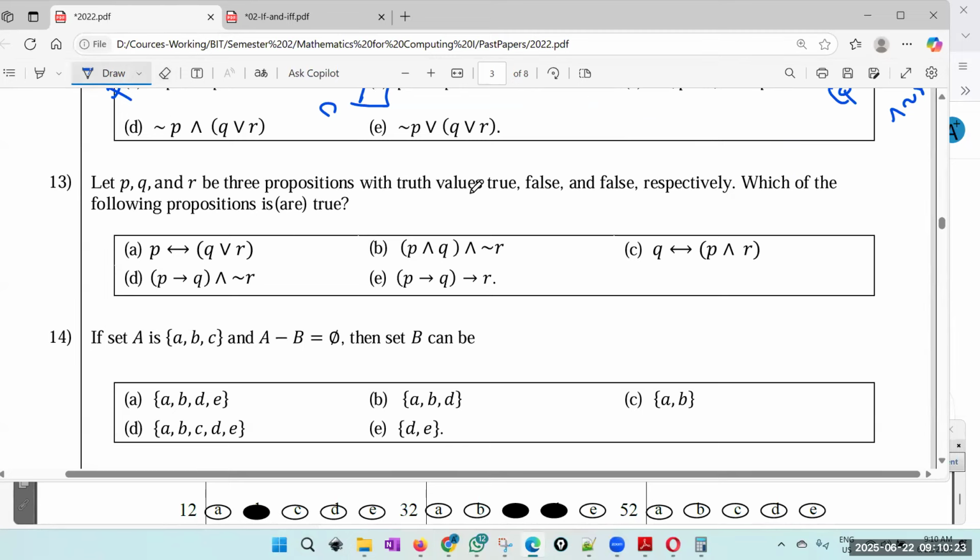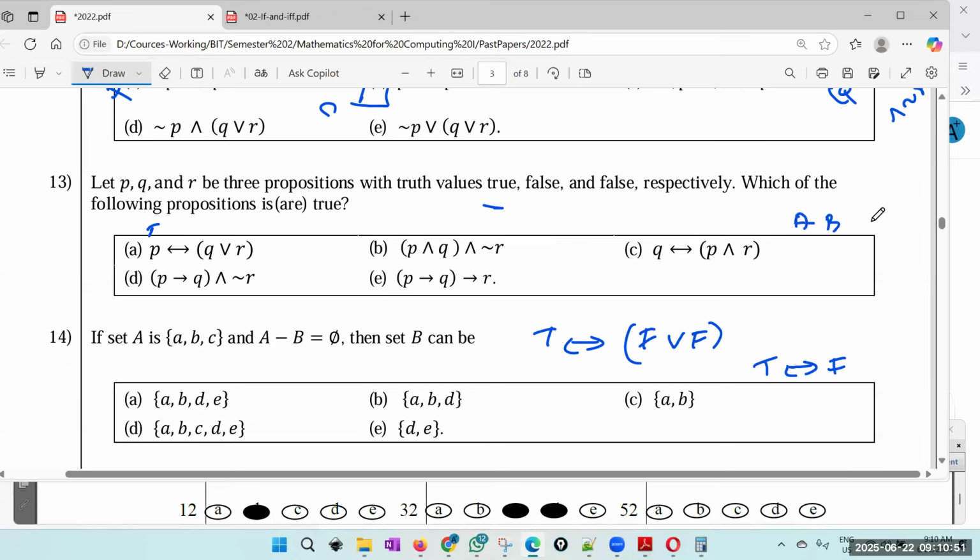P is true. So the first one is something like true if and only if Q or R, false or false. False or false is false. So that is true if and only if false. What is the if and only if truth table?